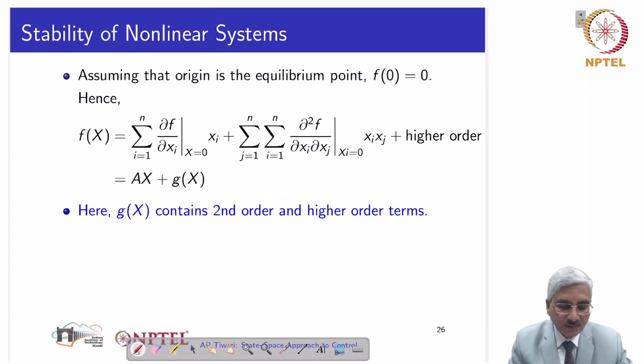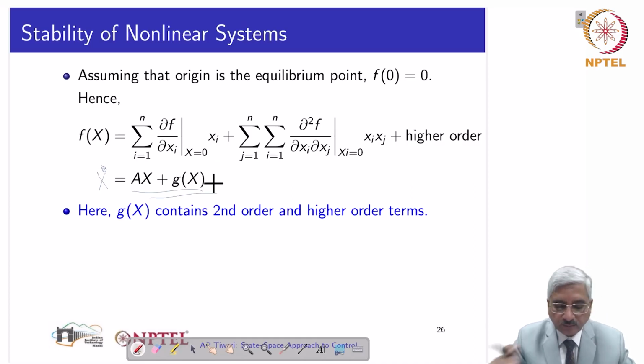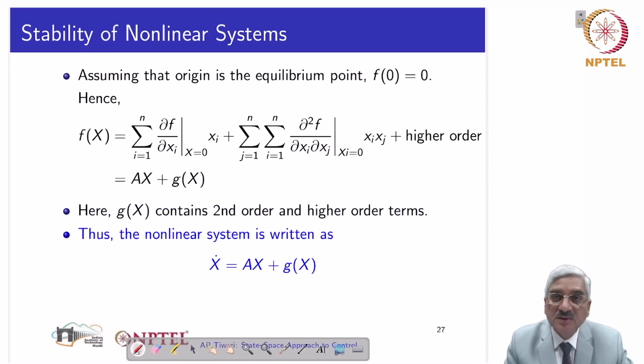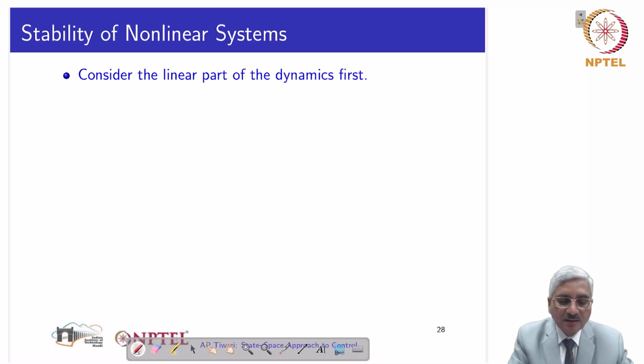So we have the system x dot equal to Ax plus g(x). Now for this system, first we have to check the linear part. That means we can check x dot equal to Ax first.